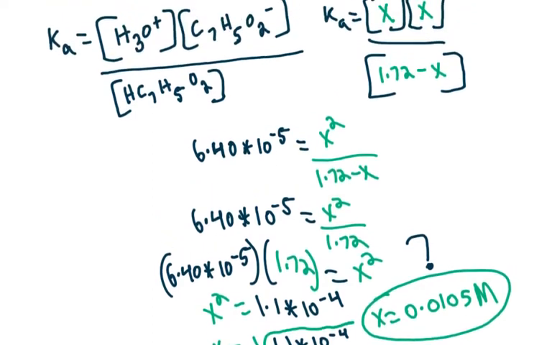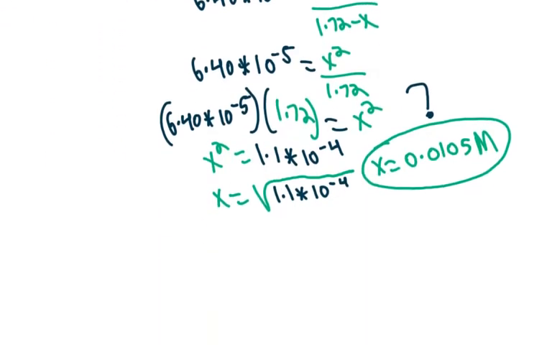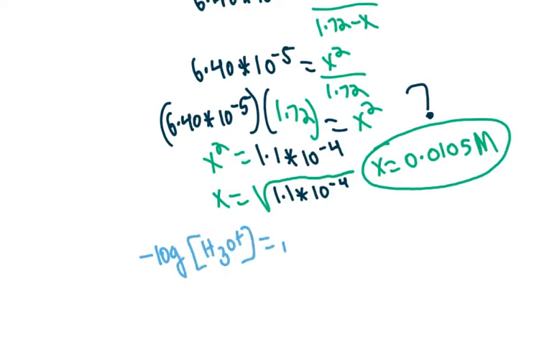How do we find the pH of an acid if we know its hydronium concentration? Remember, negative log of H3O plus equals the pH. This is our goal, so we have to know what the hydronium concentration is.